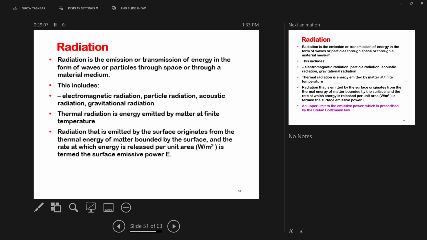Radiation that is emitted by the surface originates from the thermal energy of the matter bounded by the surface, and the rate at which energy is released per unit area is termed the surface emissive power. Okay. And there is a maximum to this emissive power of each surface. Does anyone know what the upper limit to the emissive power of each surface is?